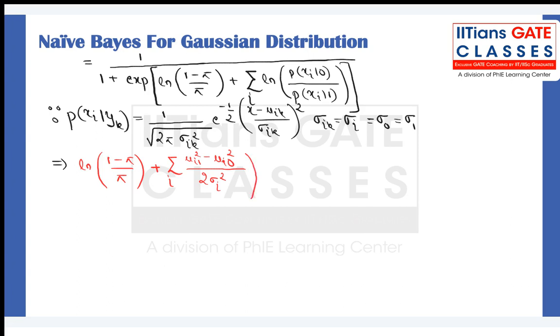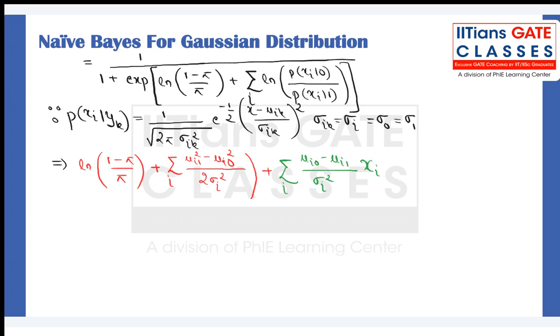Plus, now here is the interesting part. I can write this as a summation over all i of mu of i0 minus mu of i1 divided by sigma i square times xi.